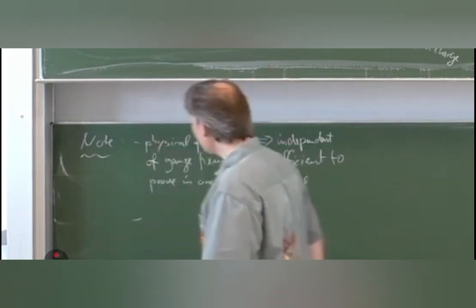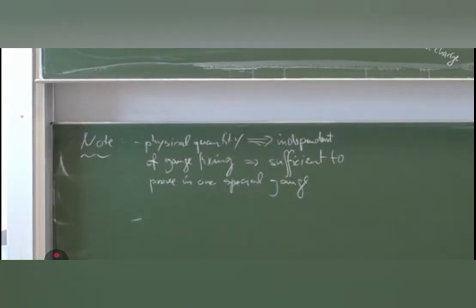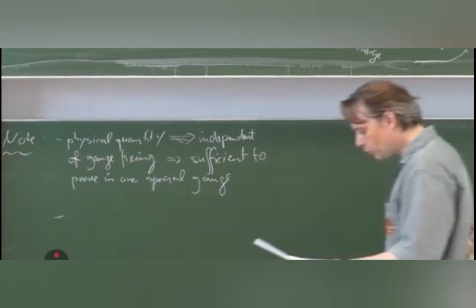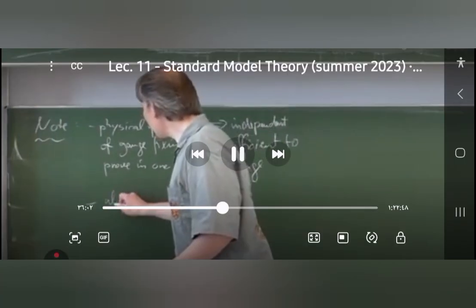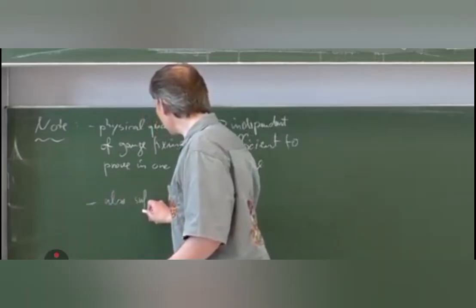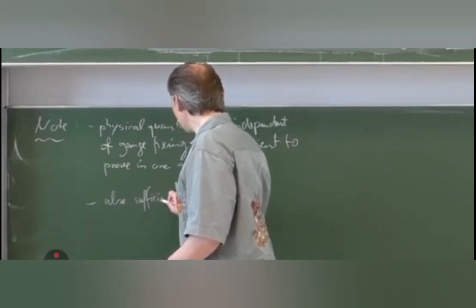The second note is, since the physics also does not depend on the renormalization scheme, only the relationships between observables and input parameters depend on the renormalization scheme. Because of that, it is also sufficient to prove it just for the on-shell renormalization scheme.